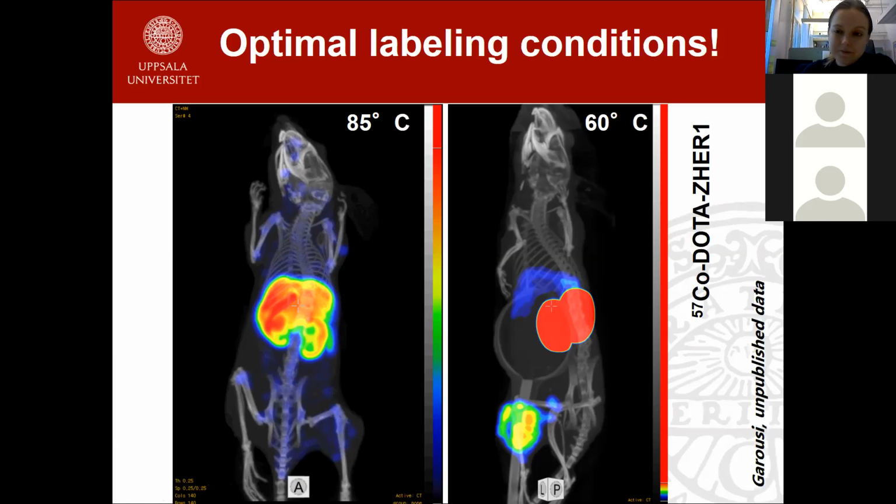That means that everything that is injected intravenously is just taken up by the liver and further processed by the liver, kidneys and spleen. It's something that we don't want to see, definitely. So we need to find optimal labeling conditions. Sometimes we know from experience what works for every kind of molecule.